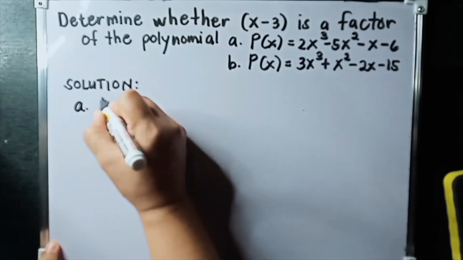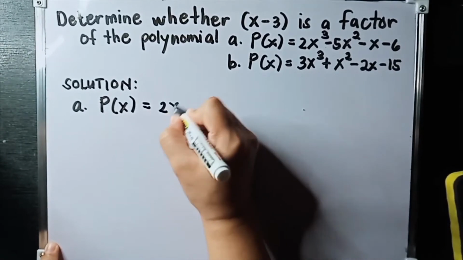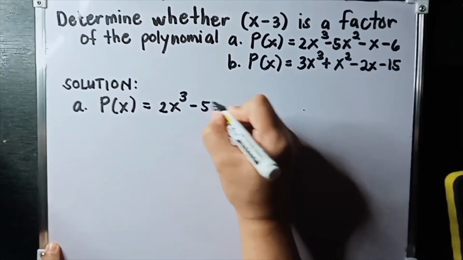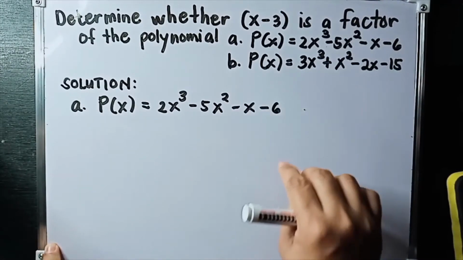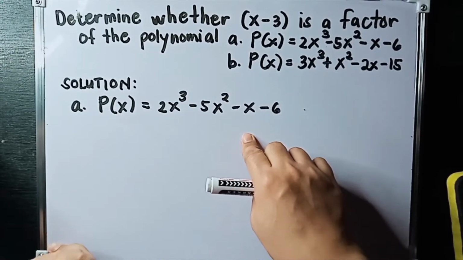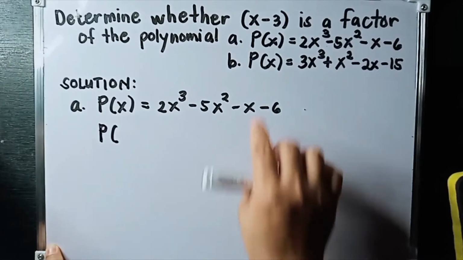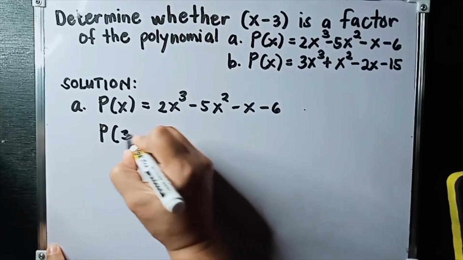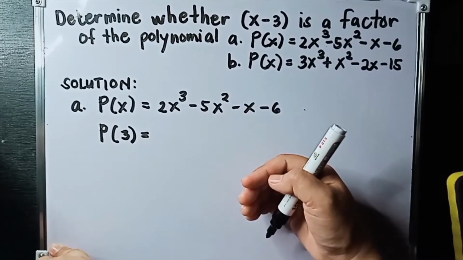So for letter A, we will be solving p of x equals 2x cubed minus 5x squared minus x minus 6. In this case, we will be calculating the value of p of 3, since our divisor is x minus 3.